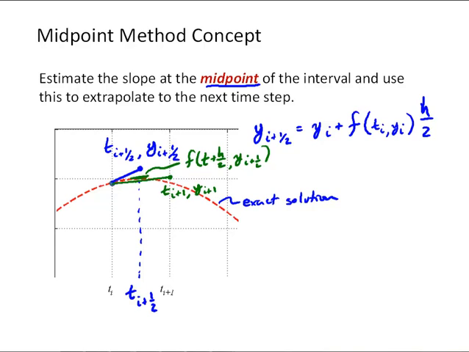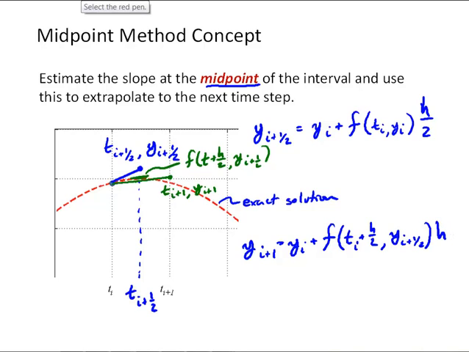So what we've done there is calculated yi plus 1 as yi again plus, now we're evaluating our slope by using that function that describes our differential equation at ti plus h over 2, or ti plus 1/2, and yi plus 1/2, and then times h.